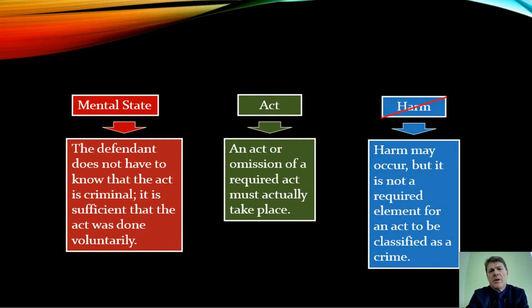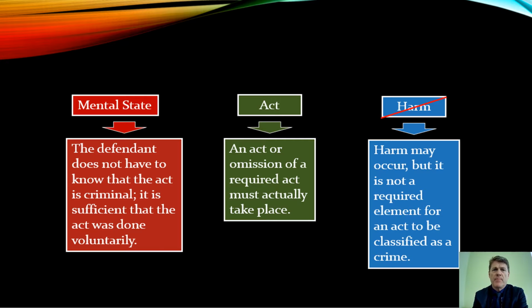So when we talk about the required elements in order to secure a conviction, there definitely has to be a mental state. So the person who's accused of a crime has to understand the nature of what they did was a crime. And that's going to be very situation specific.